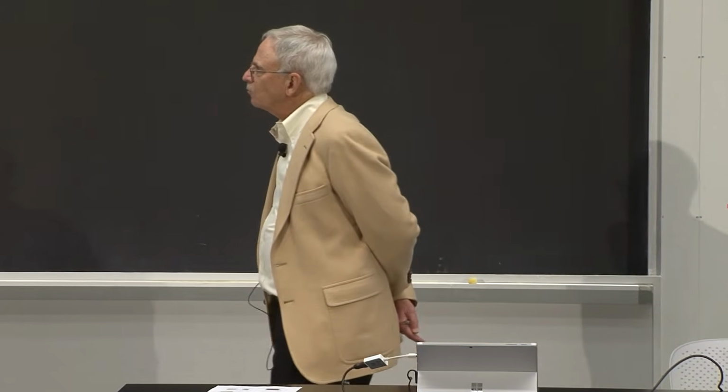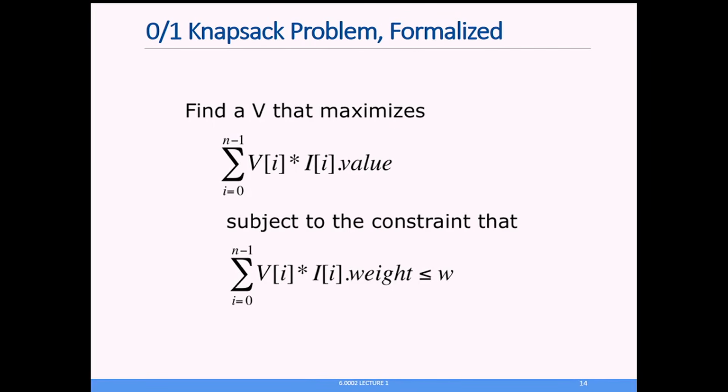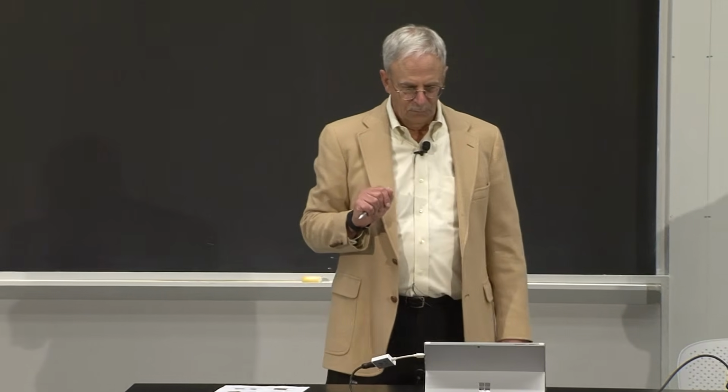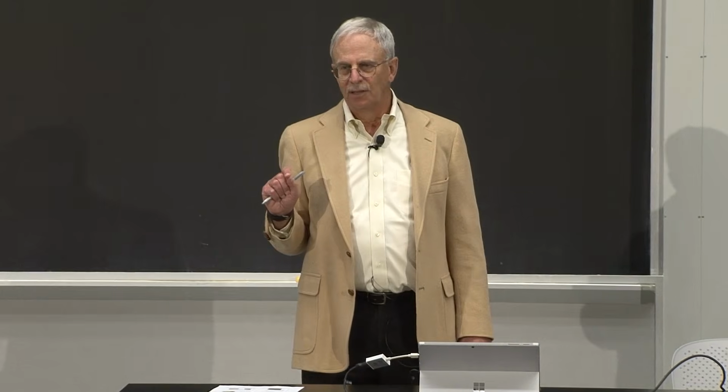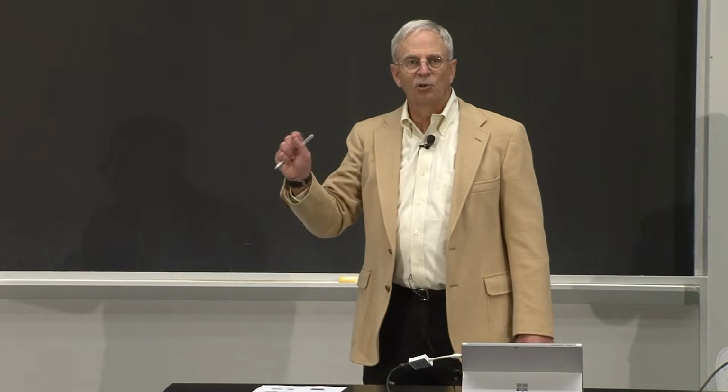So here it is. We're going to try and find a vector v that maximizes the sum of V sub I times I sub I. Now remember, I sub I is the value of the item. V sub I is either 0 or 1.